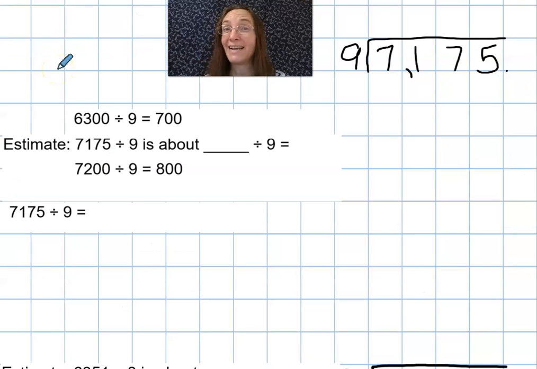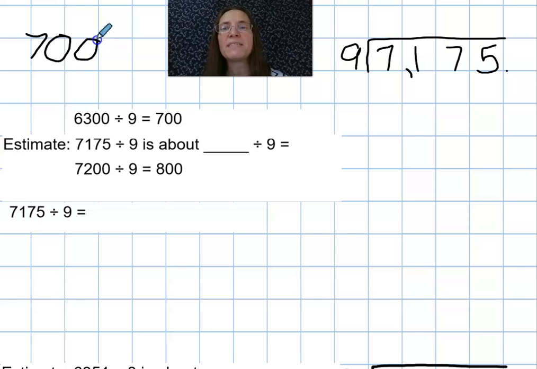Let's see this play out in an actual division problem: 7,175 divided by 9. I can't just round 7,175 to 7,000 because nothing times 9 equals 7 and nothing times 9 equals 70. So even if we're thinking about 7,000, that doesn't help me figure out a friendly math fact.